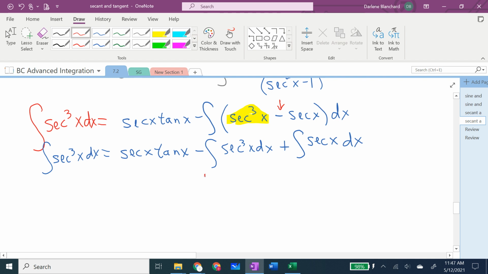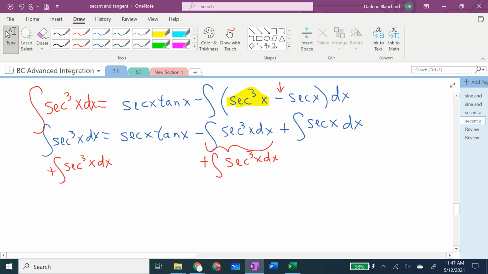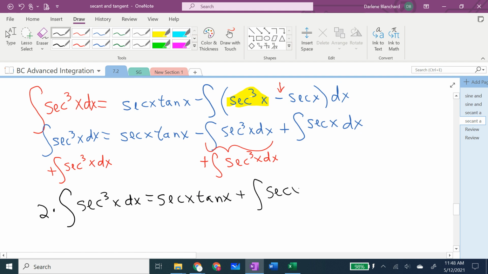So we are going to add to both sides the integral of secant cubed x dx. And when I add that over to the left side, I have two integrals. So 2 times the integral of secant cubed x dx is equal to secant x times tangent x plus the integral of secant x.